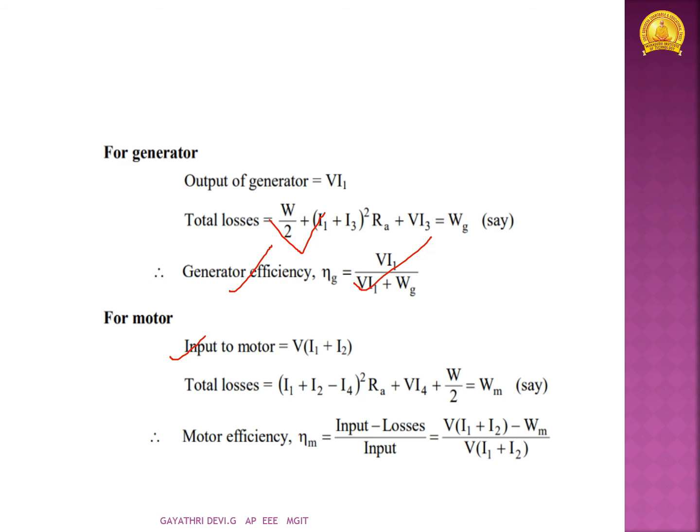V I4 is the shunt field loss, and W by 2 is the friction and iron loss, which together we can say is Wm. The motor efficiency can be written as input minus losses divided by input, which is equal to V into (I1 plus I2) minus Wm, divided by V into (I1 plus I2). These are the calculations involved in the case of Hopkinson's test.